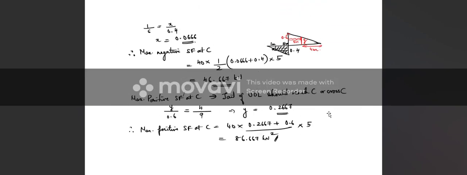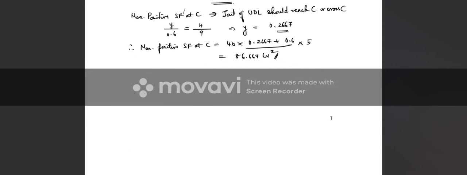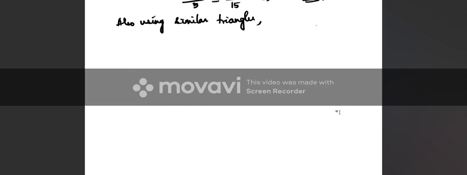Also, using similar triangles, just like how we found out the ordinates, because you need the area under the ILD, I'm going to draw the figure and how your load is placed. If you have space here, you can draw it directly here. I'm drawing it as a separate picture here, because otherwise I have to keep scrolling up all the time.